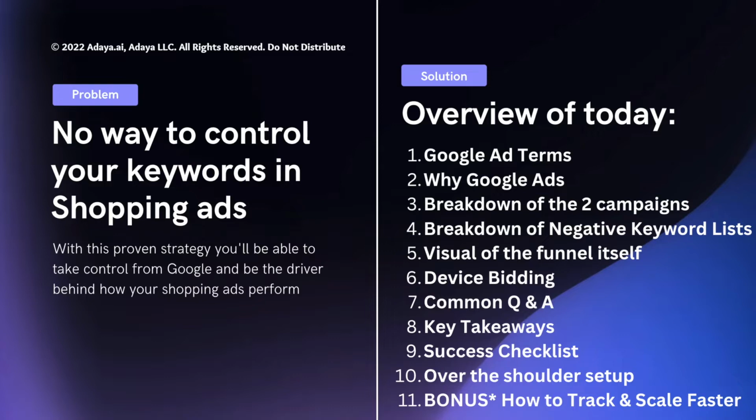We're going to show you a visual funnel of the whole entire strategy itself, the different types of device bidding that you should be adjusting, a common Q&A that is received for the strategy, key takeaways, a success checklist, and an over-the-shoulder setup. And if you stick around long enough, I'll show you a bonus video on how we were able to help multiple brands scale and add another high 5 figures worth of income to their revenue streams and business.